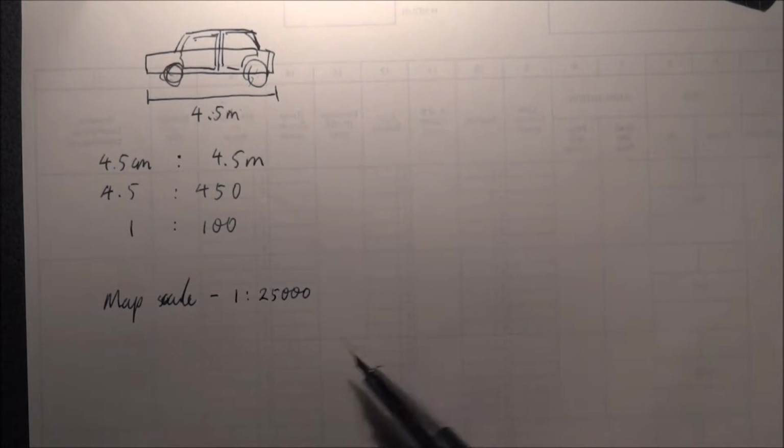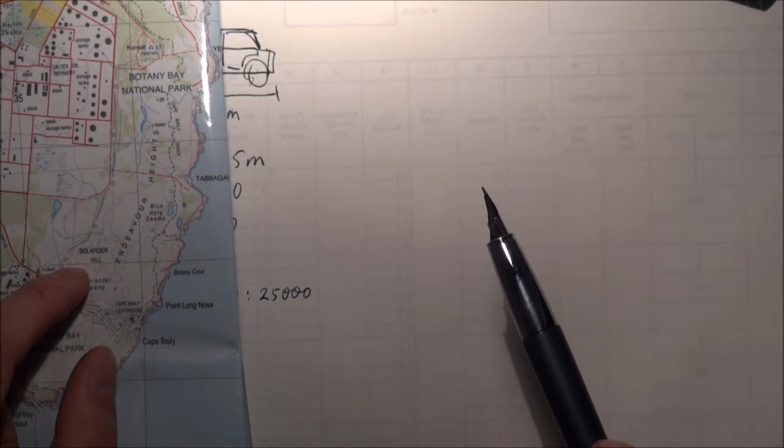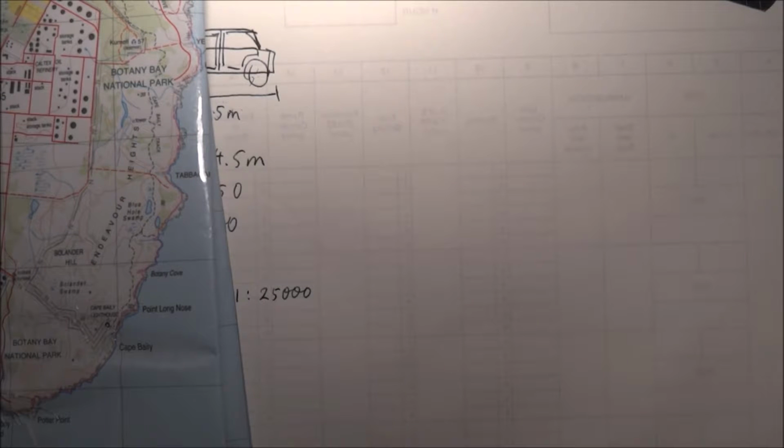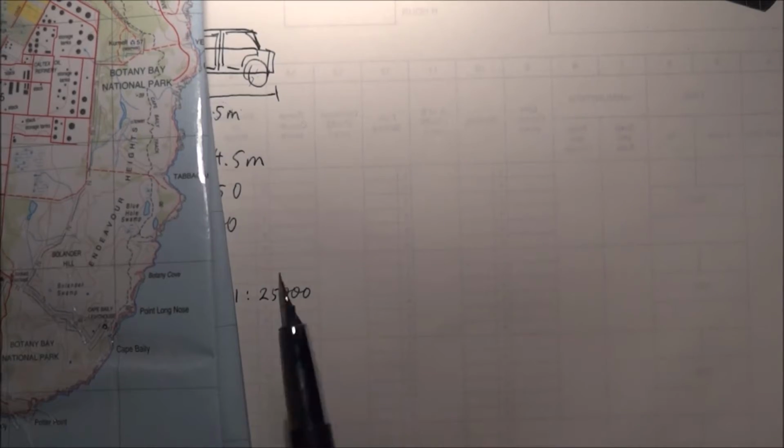Well, what does this mean? It means that 1 unit on the map equals 25,000 units in real life. So 1 centimeter on the map equals 25,000 centimeters in real life. And 1 kilometer equals 25,000 kilometers, and so on.